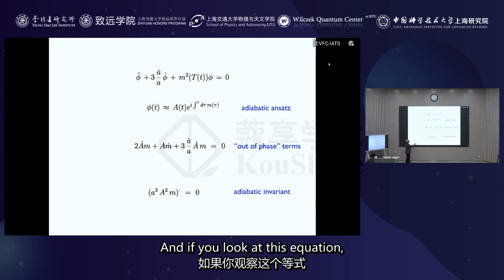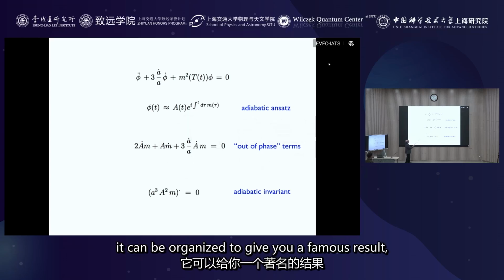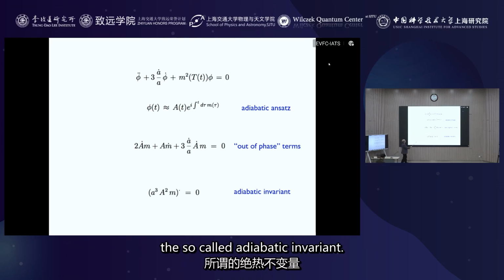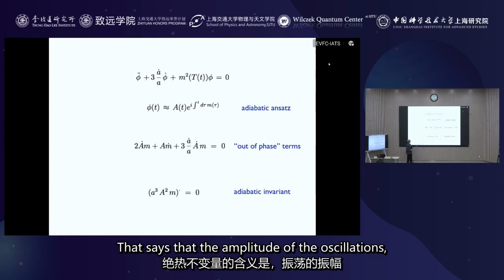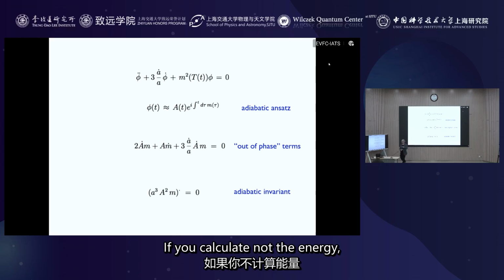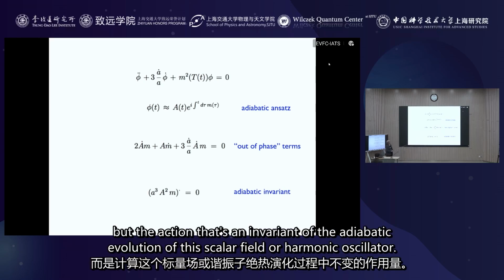And if you look at this equation, it can be organized to give you a famous result of classical mechanics, the so-called adiabatic invariant, that says that the amplitude of the oscillations, or the action in an oscillation, stays the same. So if you calculate not the energy, but the action, that's an invariant of the adiabatic evolution of this scalar field or harmonic oscillator.